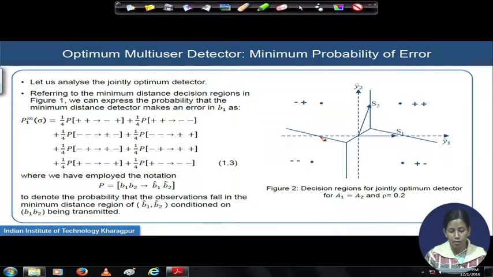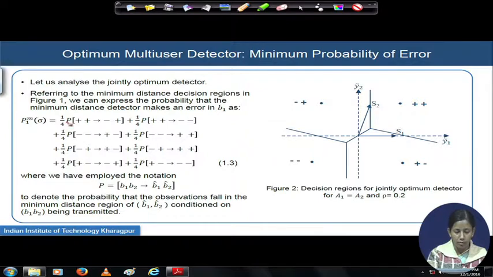That is the fundamental idea. So, the minimum distance detector error for user 1, P1M, is in the presence of noise, where sigma is the noise power spectral density we have already considered. So, that error can be written like this.